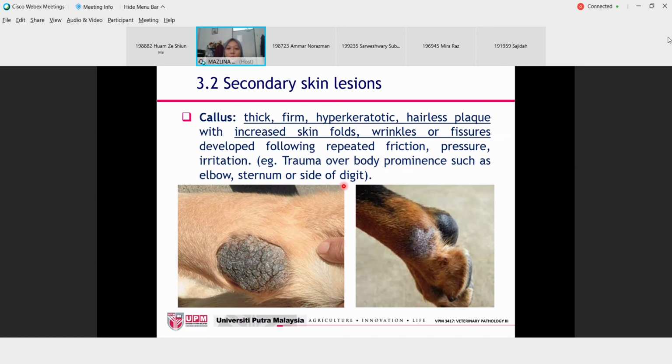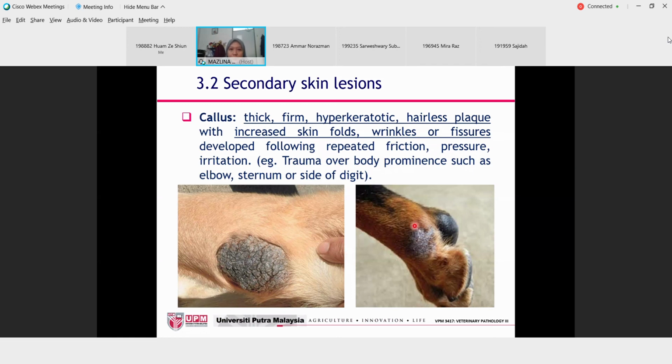These are pressure points. So they are normal things to find in old dogs, especially old larger dogs, because of the constant pressure on the bony protuberances.